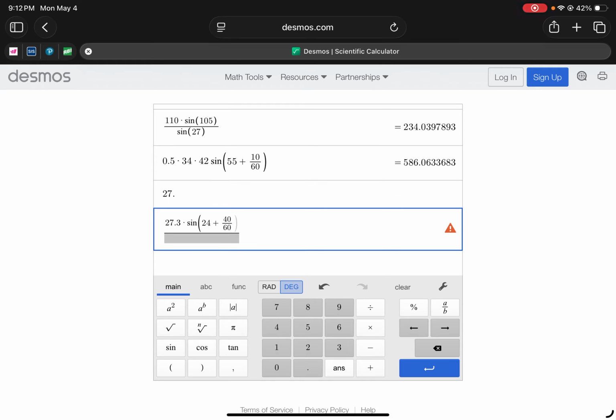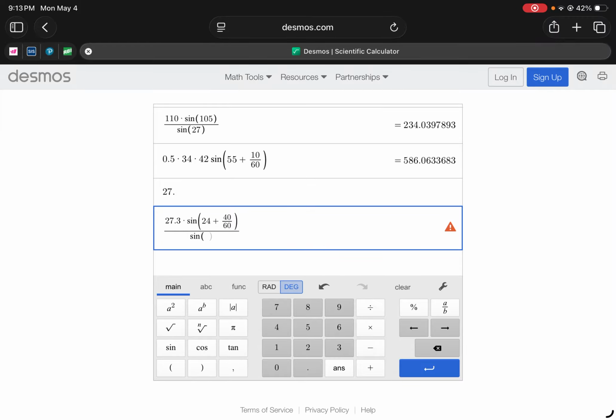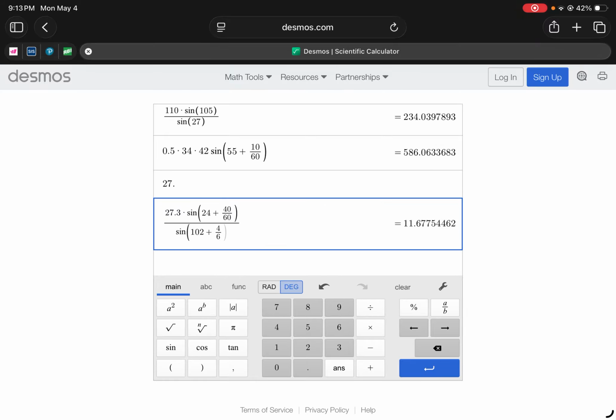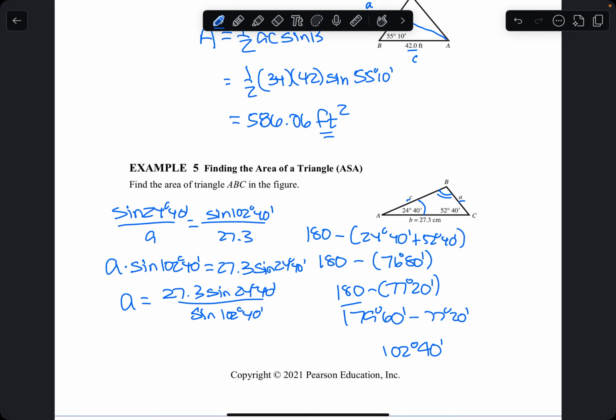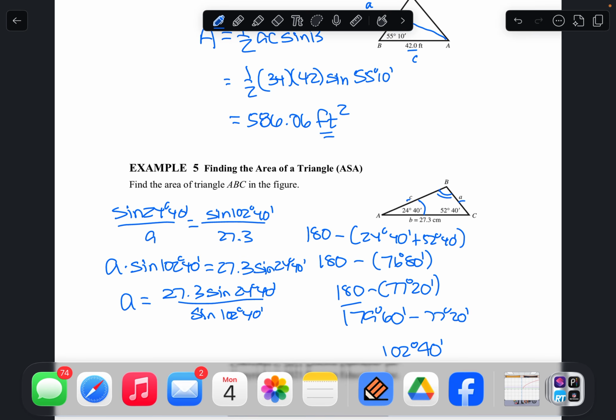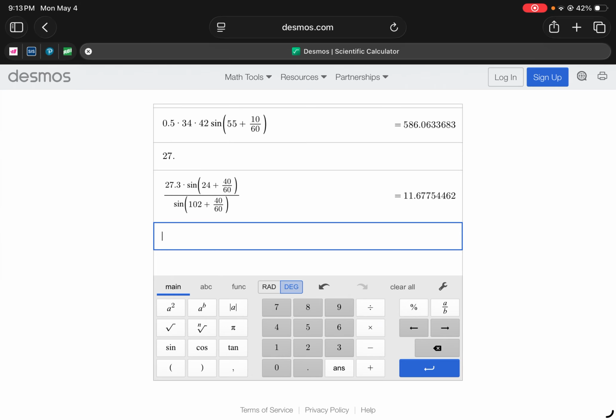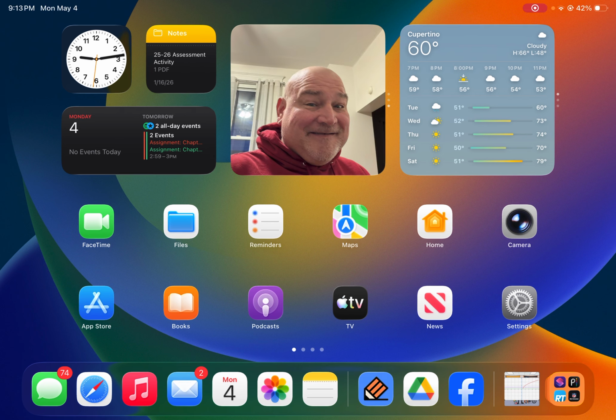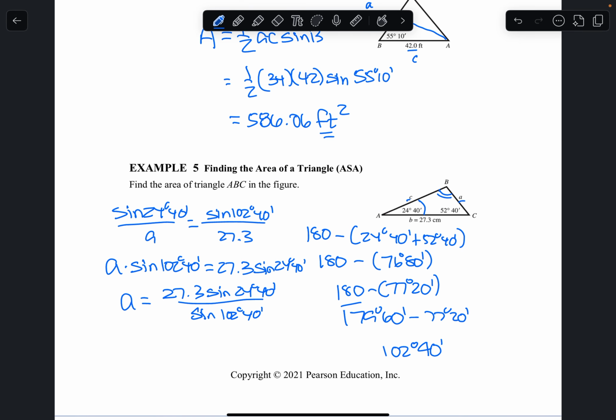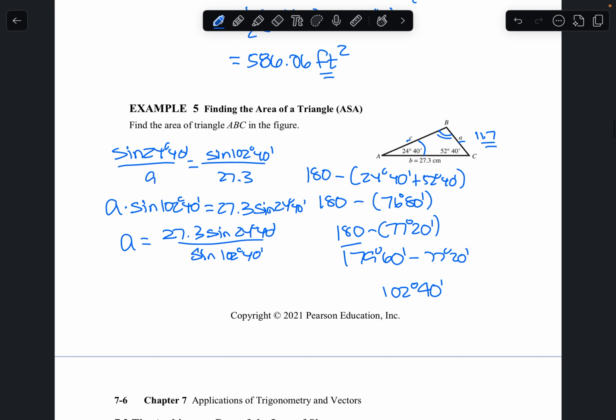Then divided by the sine of 102 degrees plus that 40 minutes over 60. Just to make sure I'm on the right track. Yep. So we find out that's 11.67754462. In terms of writing out a problem, I would know that this is 11.7, but I'm going to let my calculator do all the rest.